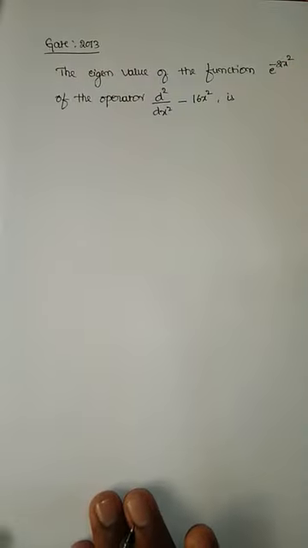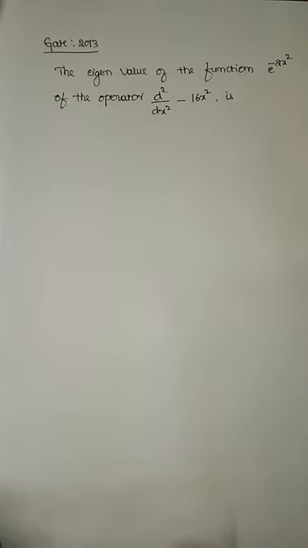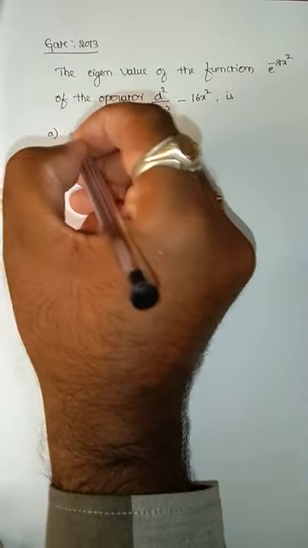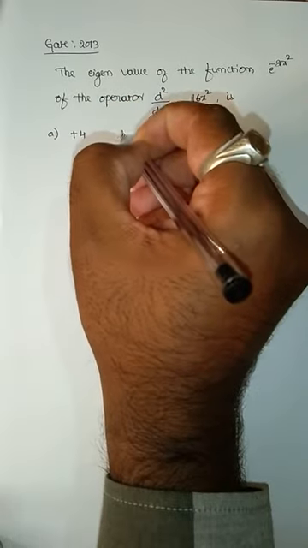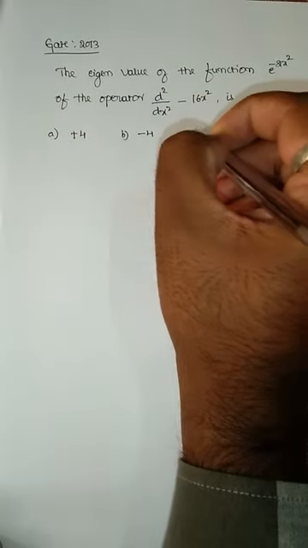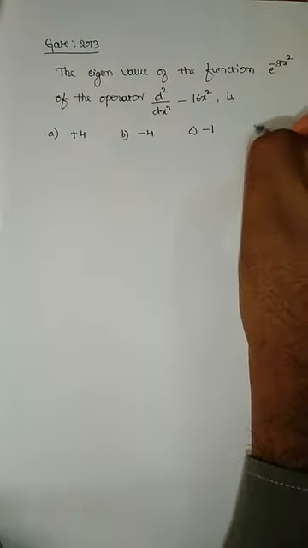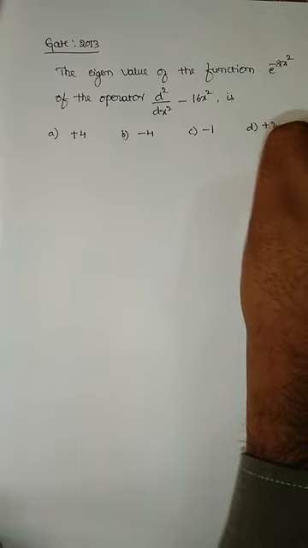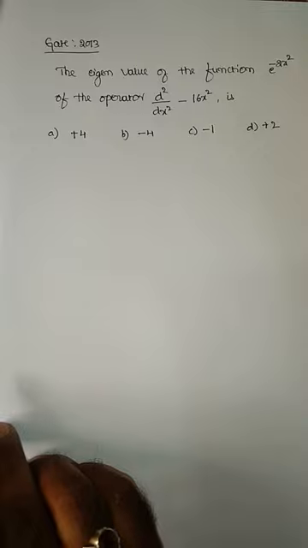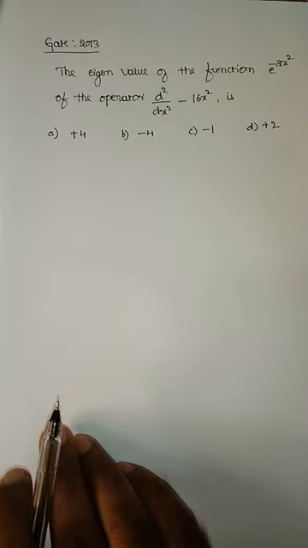The options given are plus 4 as the first option, minus 4 as the second option, minus 1 as the third option, and plus 2 as the fourth option. This question was asked in GATE 2013 for 4 marks.